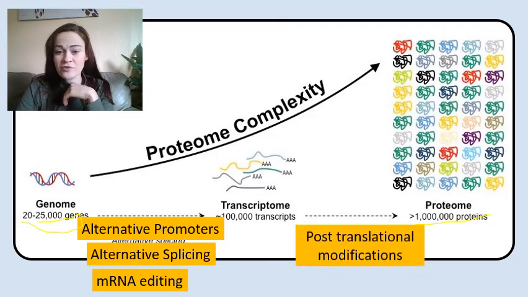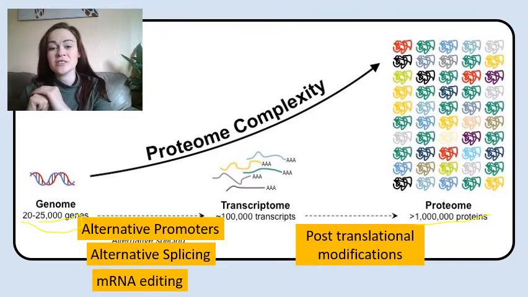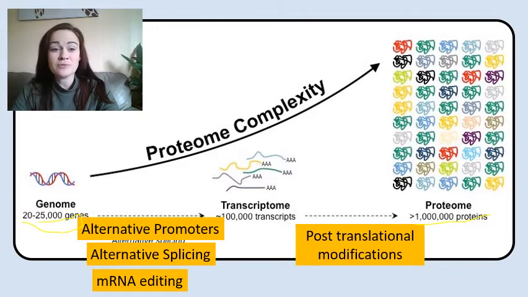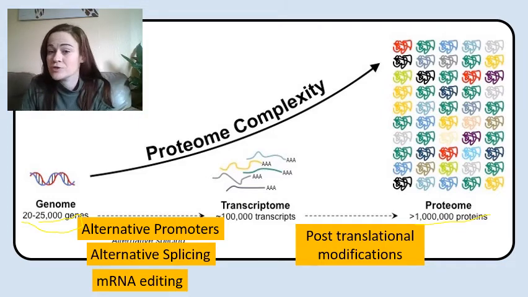And afterwards, which we'll also look into in greater detail, after transcription, when we go to translation, there can be some post-translational modifications. We can be adding different things onto our proteins. So that will be one gene giving quite a variety of different proteins.